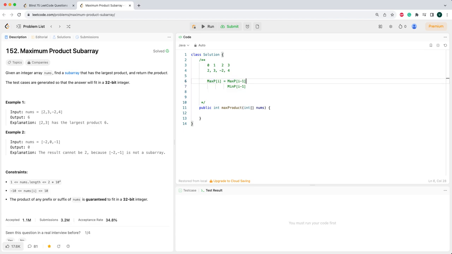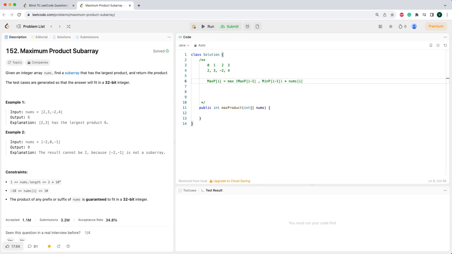And to find this, it would become basically the max of the previous max and min, multiplied by nums of I, right? This will become the maximum.